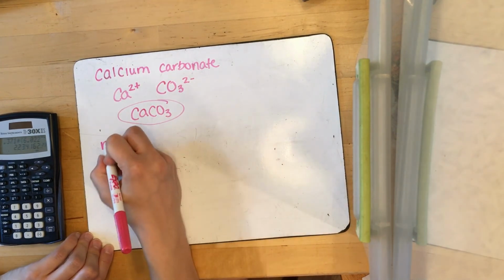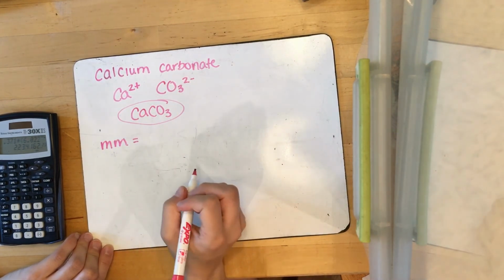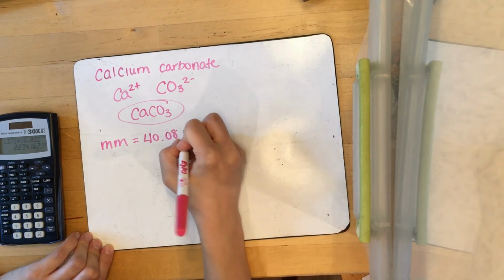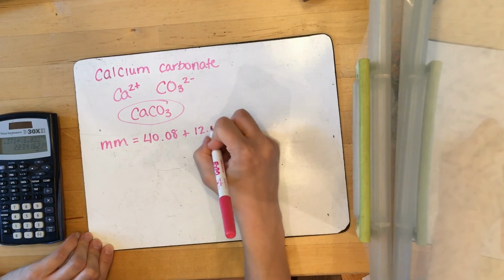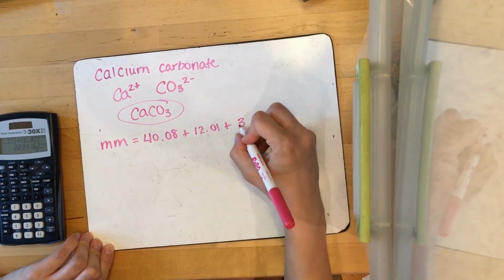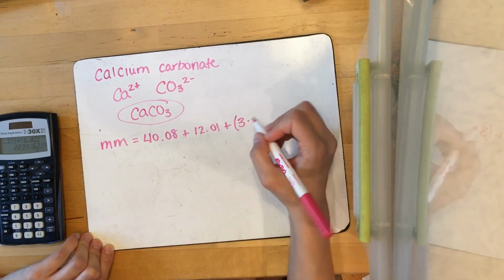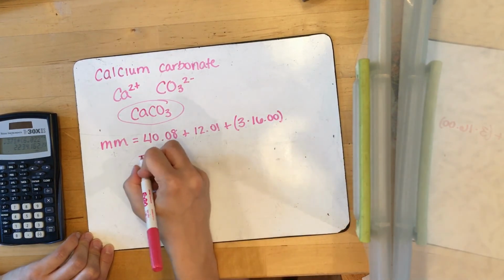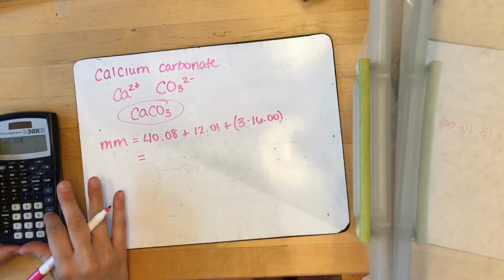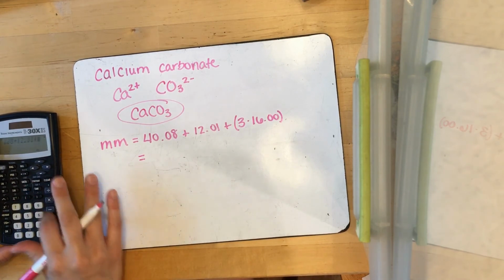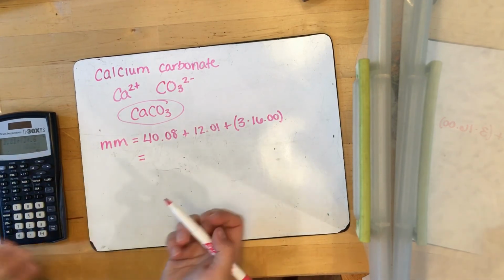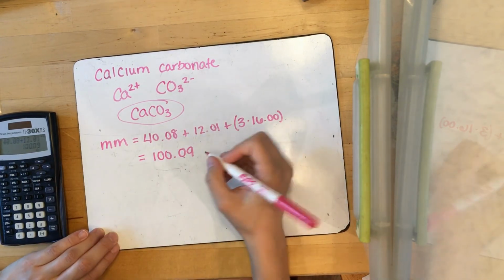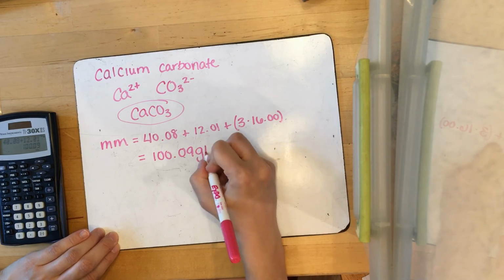So to find the molar mass, we need to add up calcium, which is 40.08, plus carbon, which is 12.01, plus 3 oxygens, which are 16.00 each. So I add those up, and I get 100.09 grams per mole.